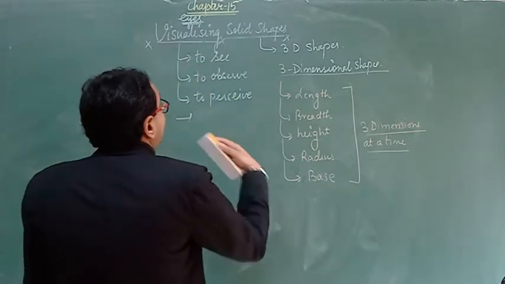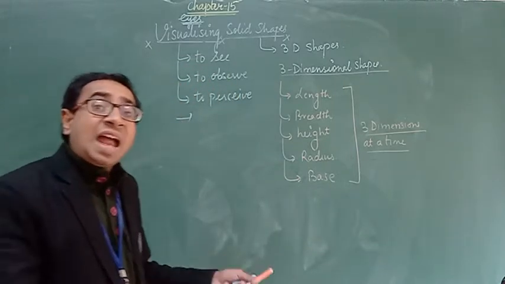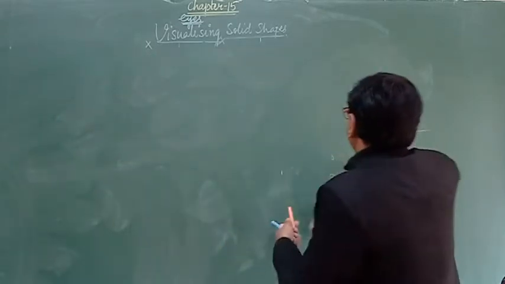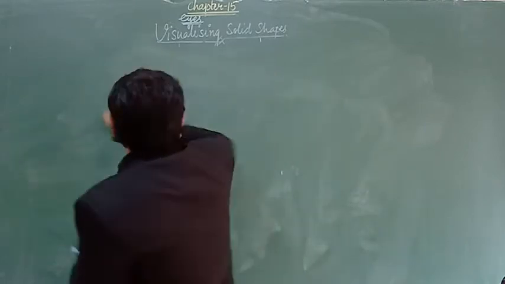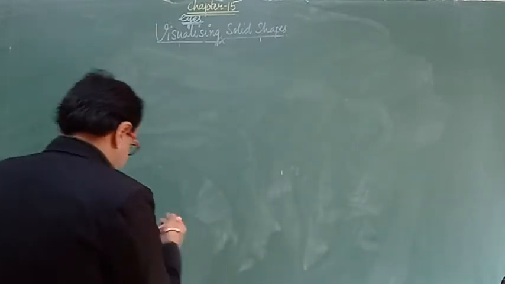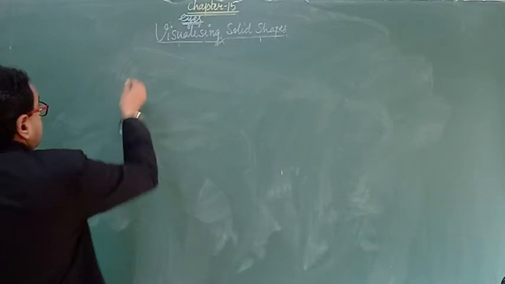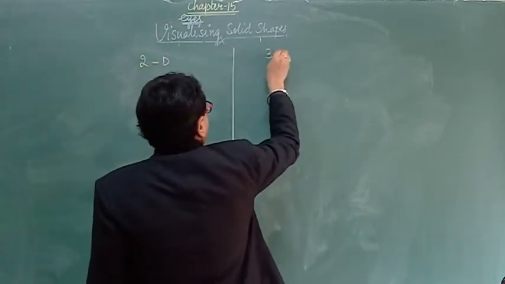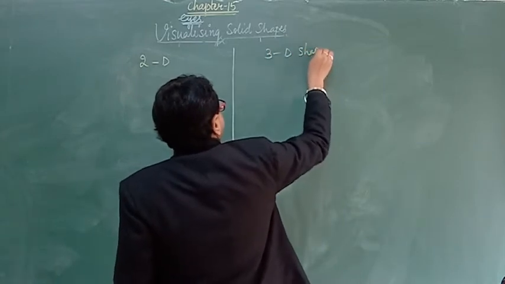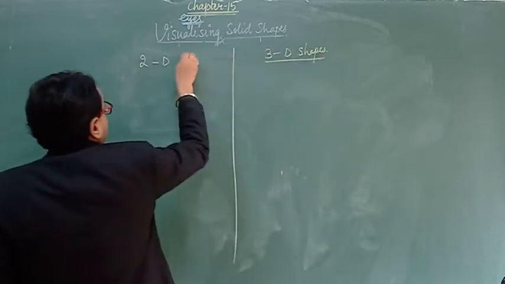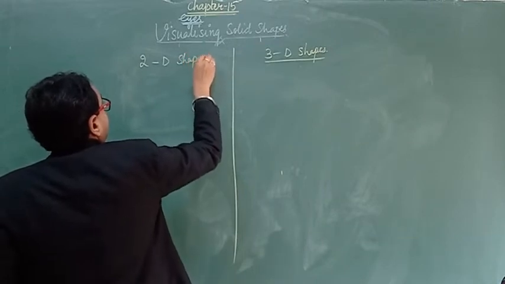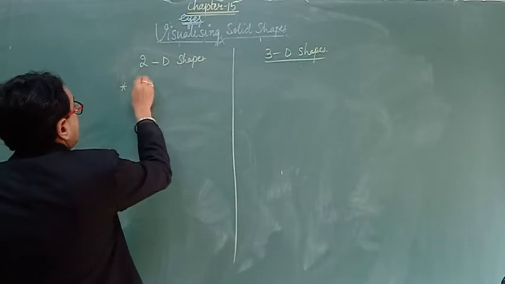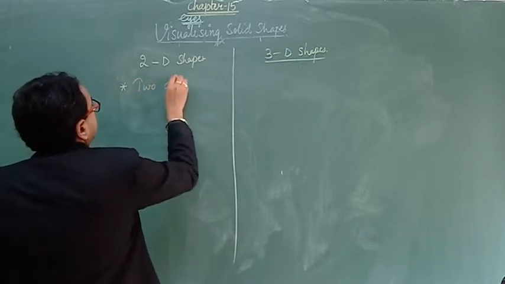Now, let's see the difference between 3D and 2D shapes. That's very important. Let's see the difference between 2D and 3D shapes. First important difference: 2D shapes need 2 dimensions.